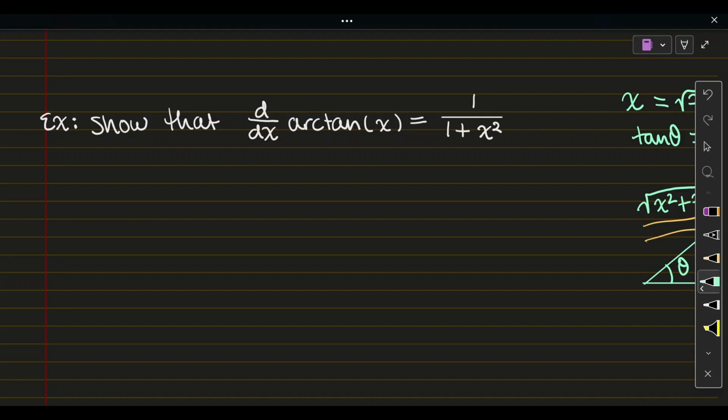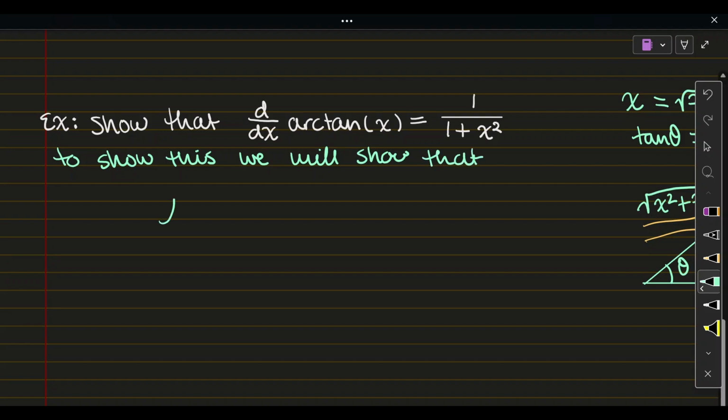So to say that the derivative of arctan of x equals 1 over 1 plus x squared by the fundamental theorem of calculus is equivalent to stating that the integral of 1 over 1 plus x squared dx is equal to arctan of x. So to show this, we will show that the integral of 1 over 1 plus x squared dx is equal to arctan of x.